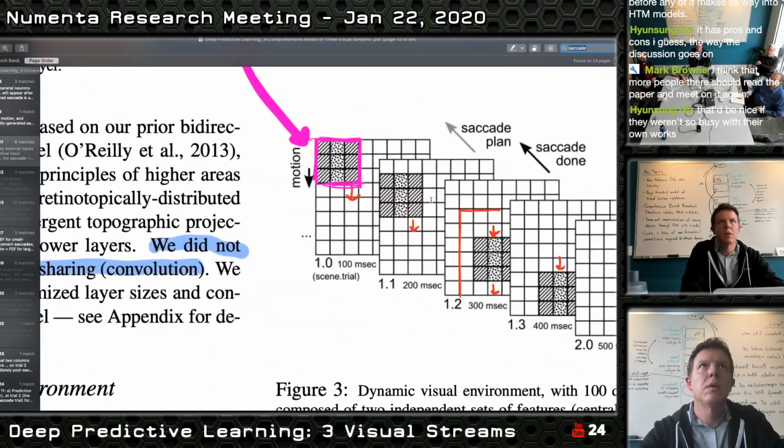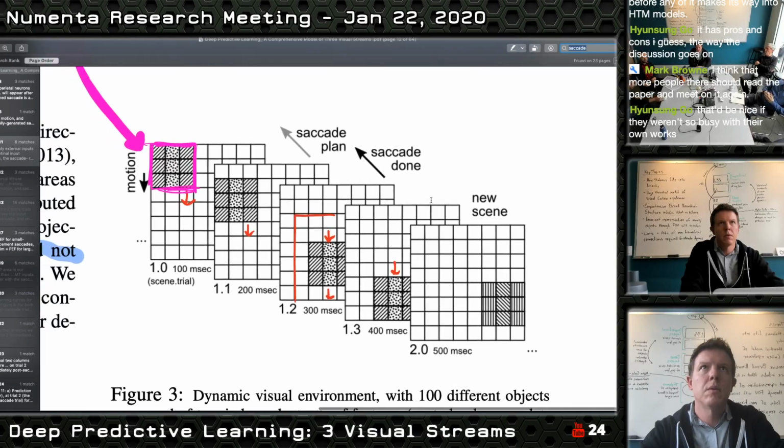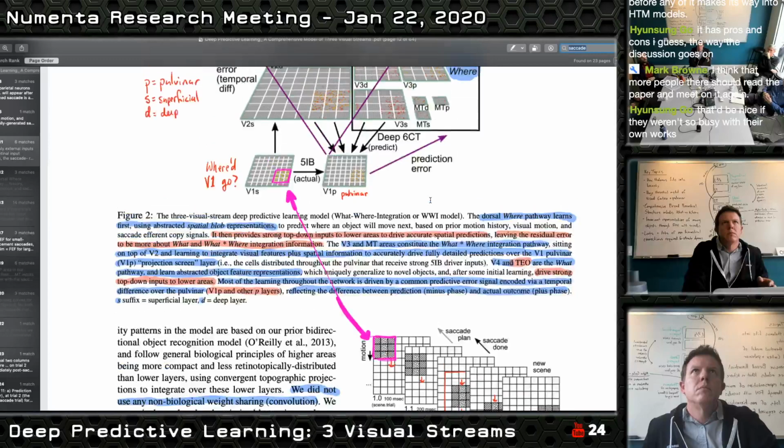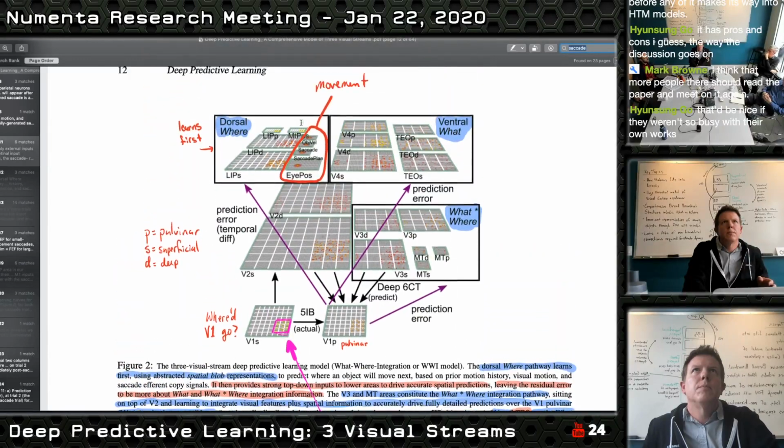Because the model is supposed to learn invariant representations in the higher areas for the objects. Yet at the same time, you also have this one dedicated area, the FEF, the frontal eye field, right? Which we know does saccade plans and has representations for these things. But that is part of one of the streams.